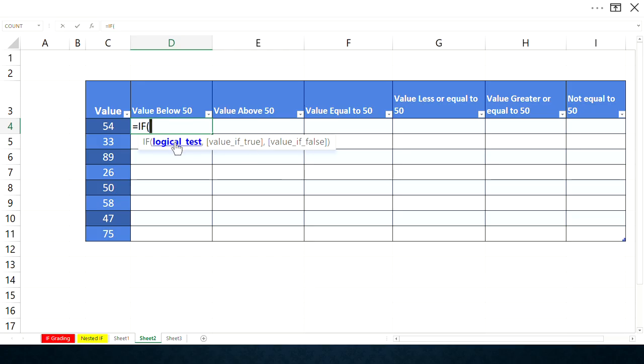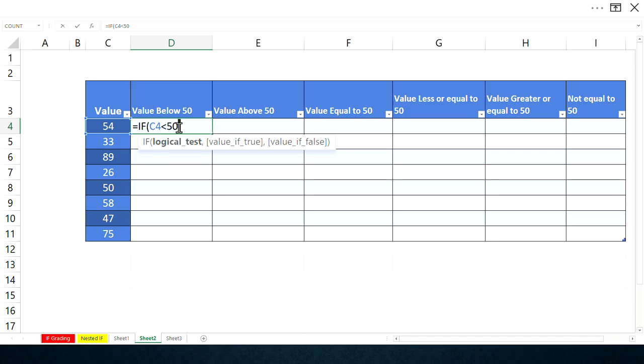So here, the test condition is a value being below 50. Values below 50 evaluate to true, while those that are above 50 will evaluate to false. So here we put the condition: is that value below 50? The value in test, is it below 50?